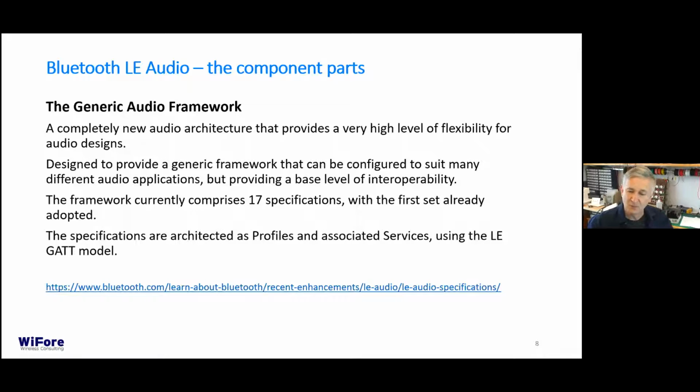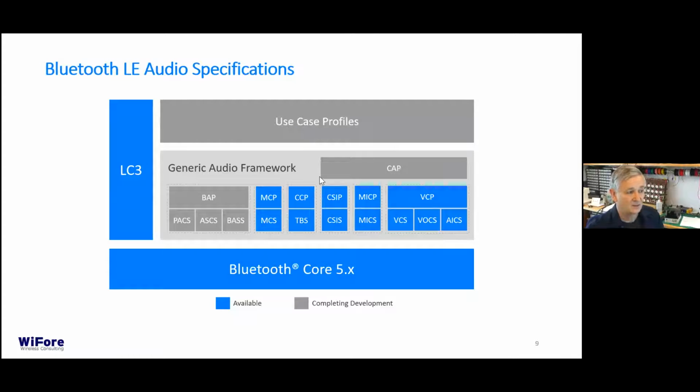So we've developed what we're calling a generic audio middleware, which contains quite a number of different specs. But the point of that is the word generic. You are able to take bits and pieces of that, like tools out of a toolkit, to do almost anything that you want to do. There are some more details of this on the Bluetooth website. A basic architecture looks like this. We've got the core sitting at the bottom.